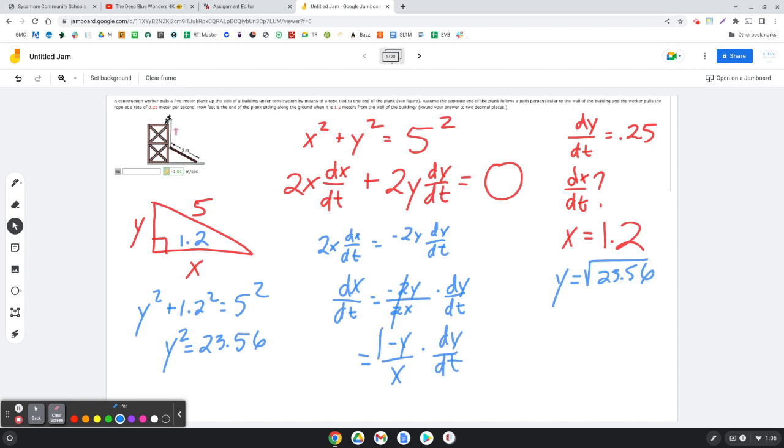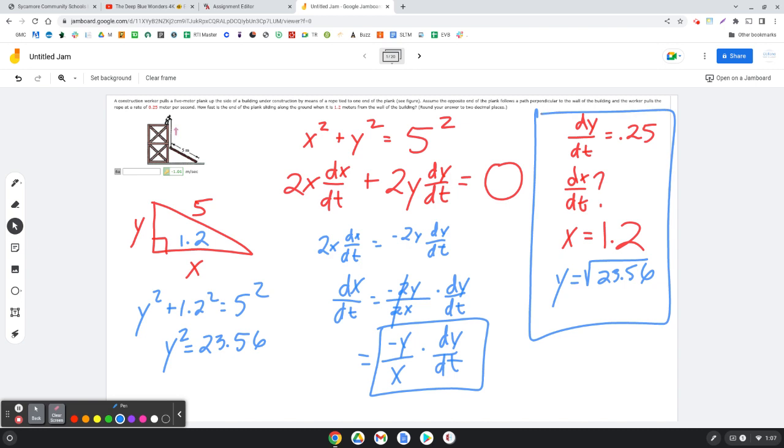And we know all these things. So put all these in your calculator from here, please. And sure enough, you get dx/dt is negative 1.01, and we are talking about meters per second.